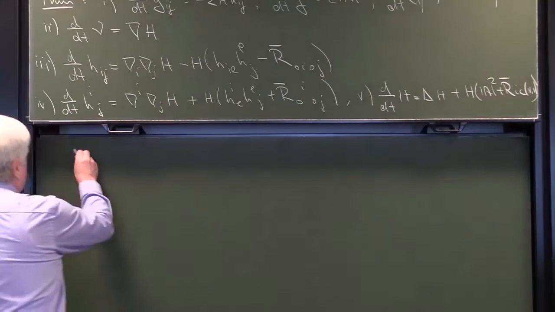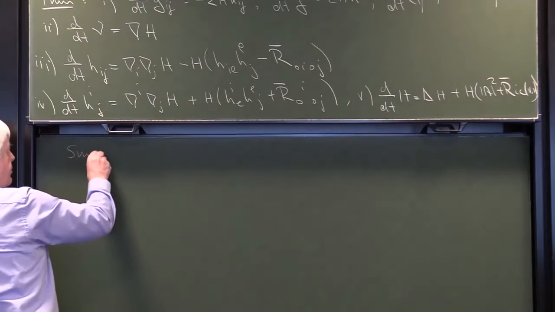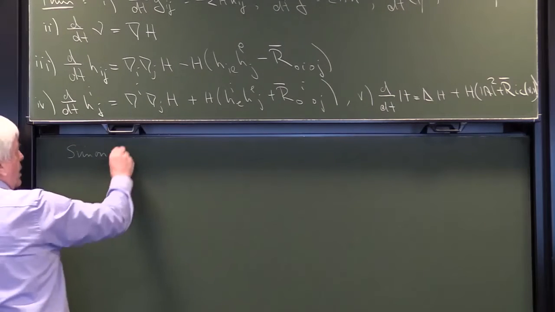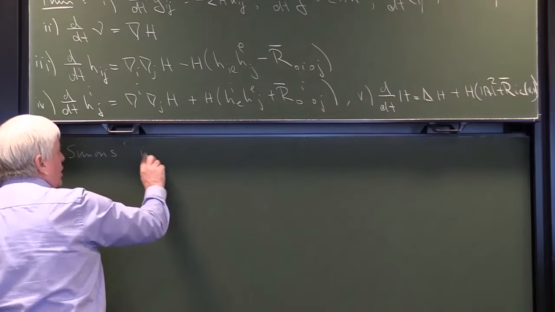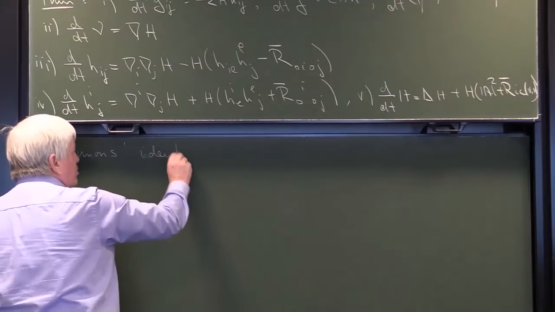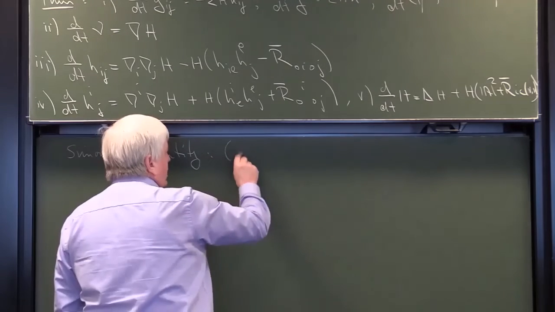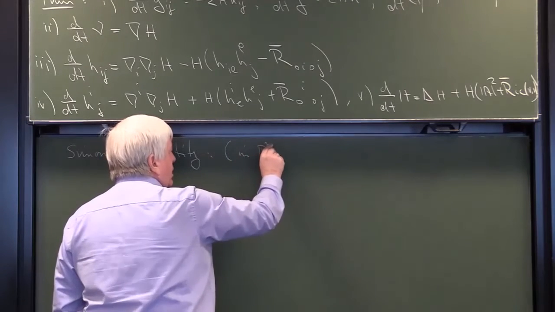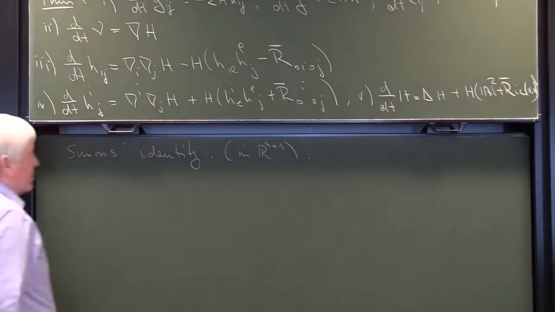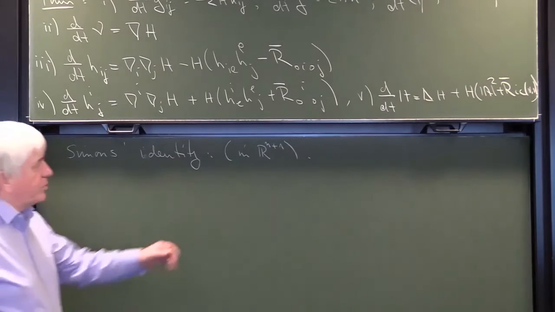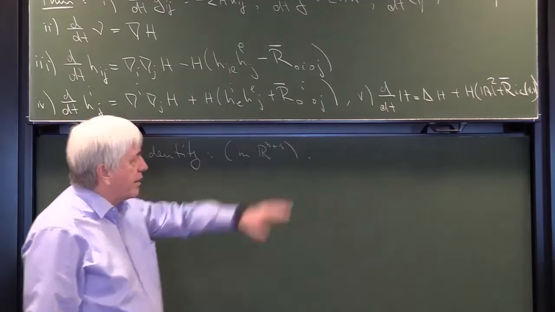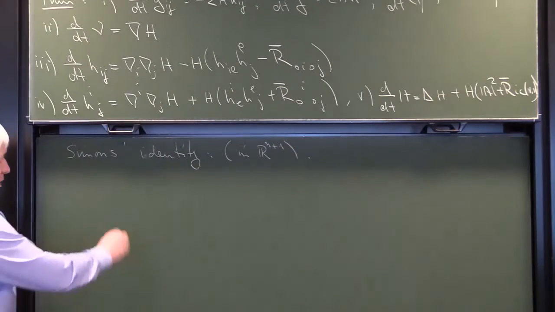So this is known as Simons' identity, due to James Simons. And I just stated it in R^(n+1) because otherwise you get lots of terms that involve curvature and even gradient of curvature in the ambient manifold.